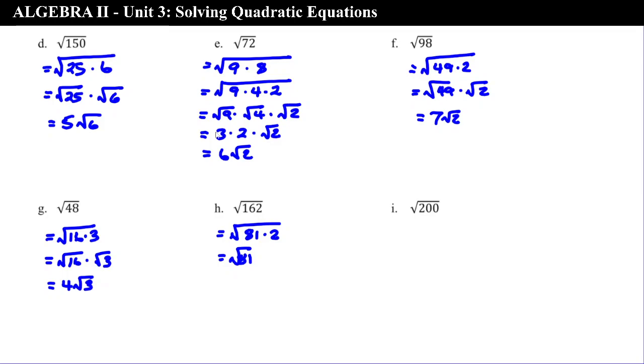Let me see if I can clean that up a little bit for you. Square root of 81 times the square root of 2, which is 9 times the square root of 2.